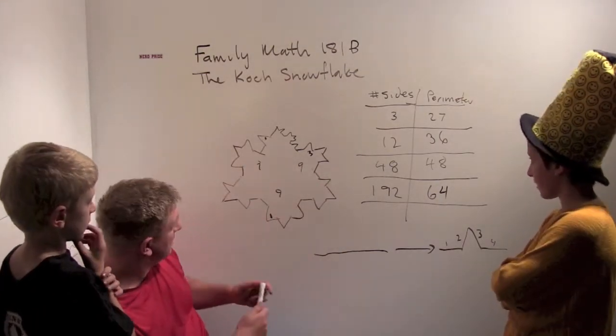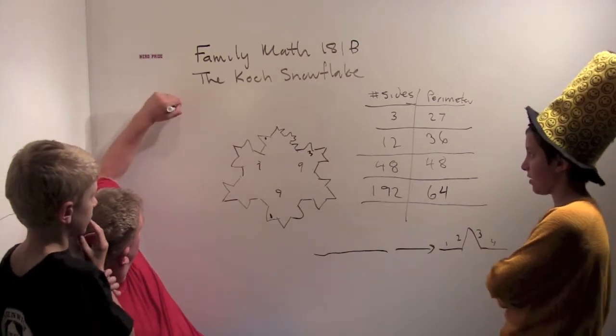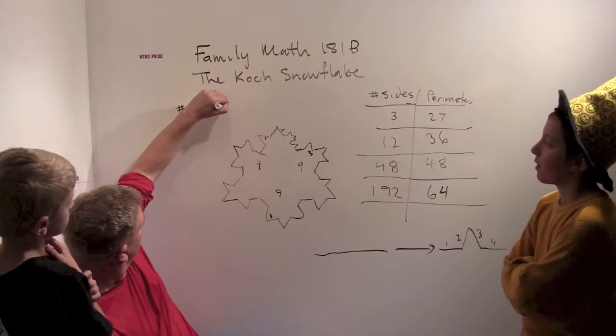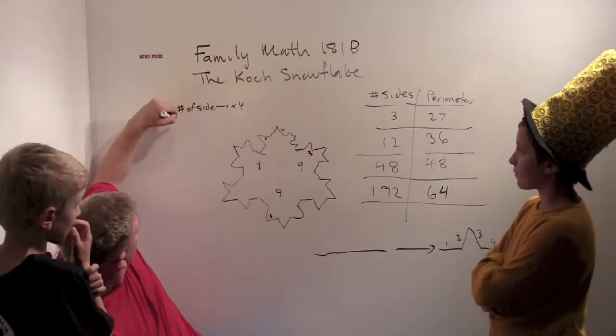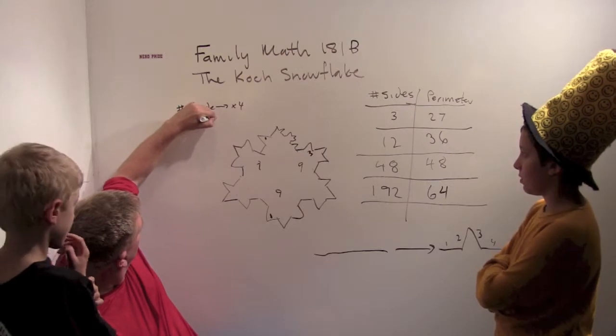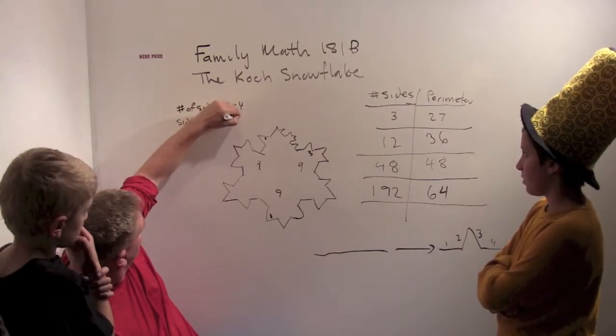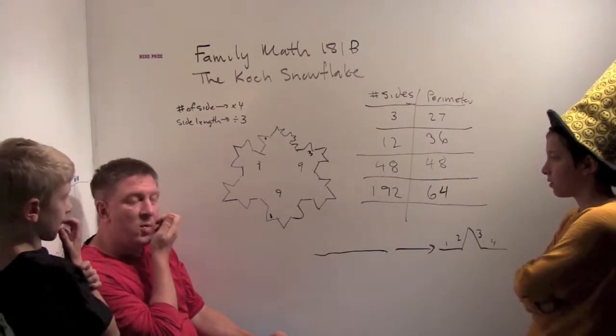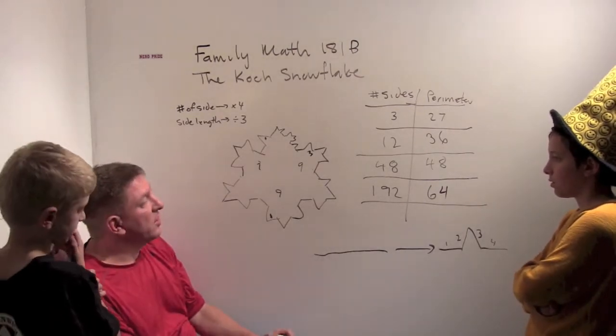Well, it seems like it's still getting bigger, even if the sides are less than 1. Number of sides, we go times 4, and the side length divided by 3.